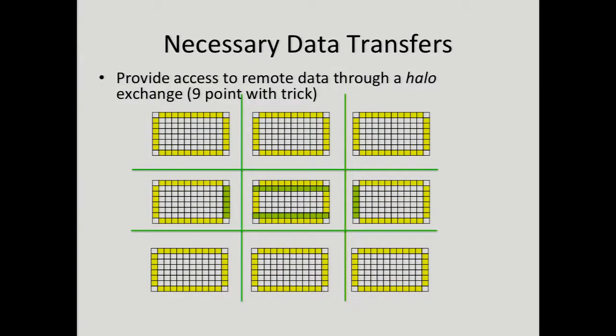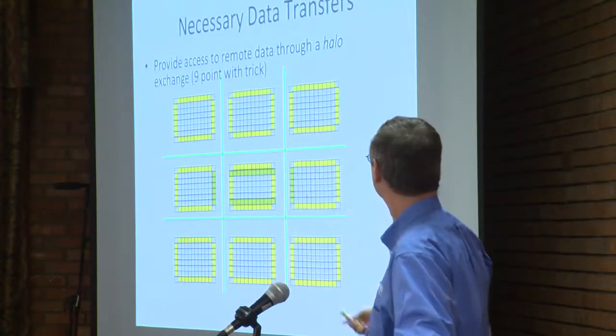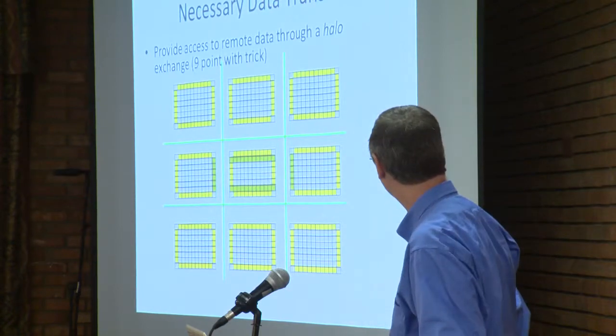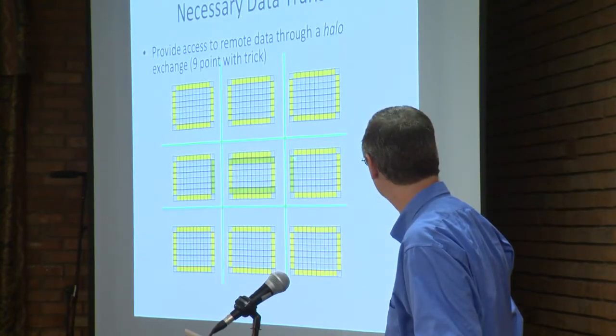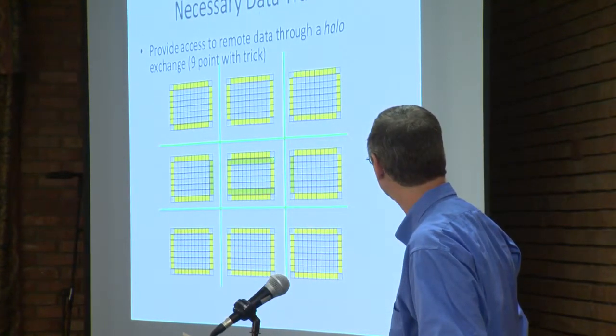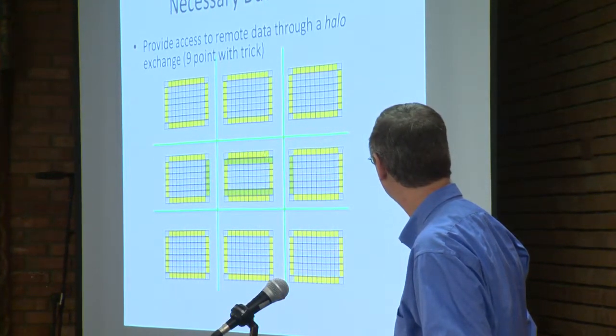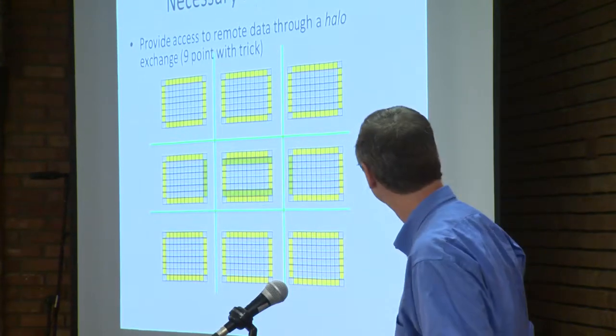Right? I need to take the corner of my mesh and send it to my diagonally across neighbor. Okay, so I've taken that data and I've sent it over here. And the same thing's happened. So this guy has sent this piece of data over to here. Sent this one into that edge.